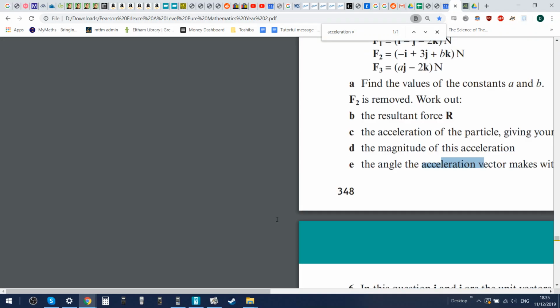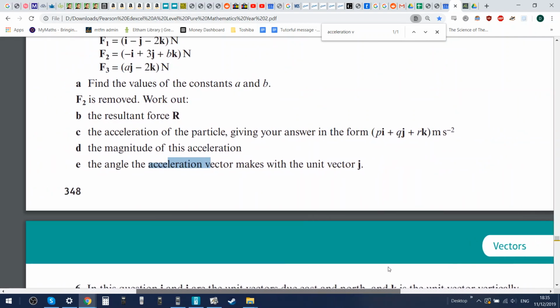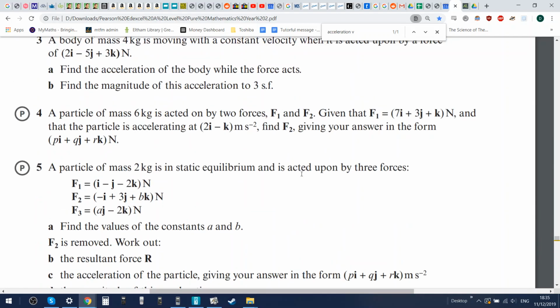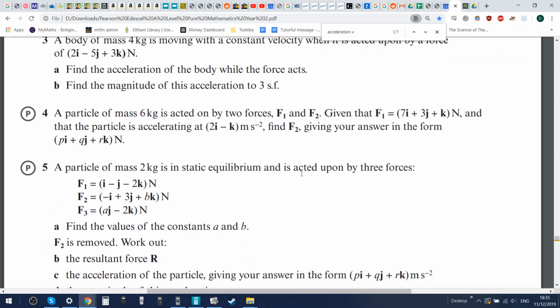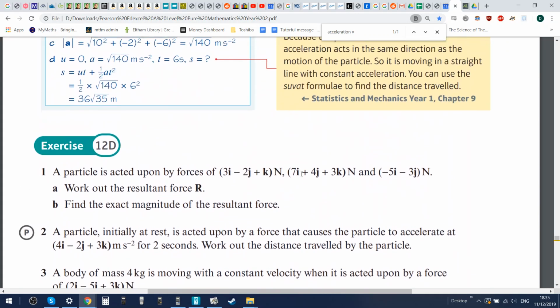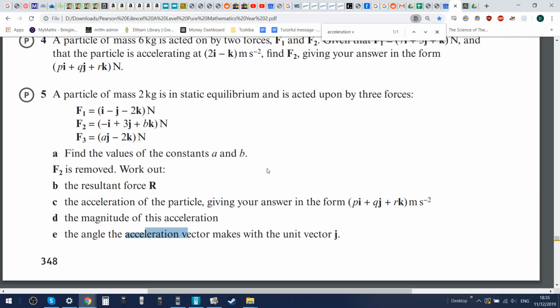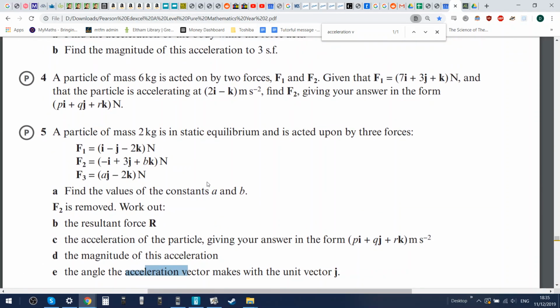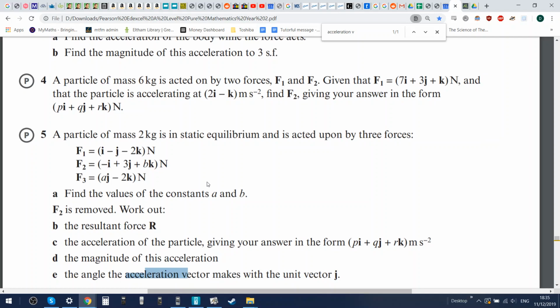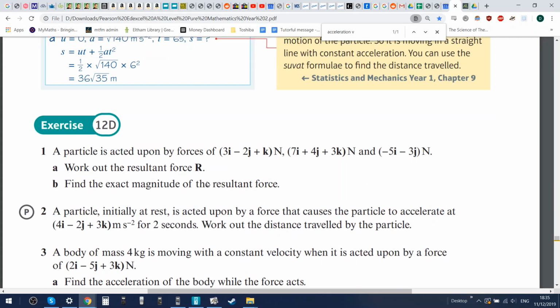Acceleration. Did I write that down? The angle the acceleration vector makes. So that's this one here. Oh, is that this question? No. Let me just see where this is. Exercise 12D. The acceleration of the particle. The angle the acceleration vector makes with the unit.